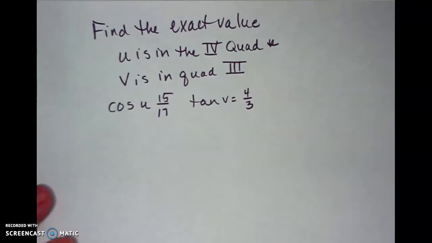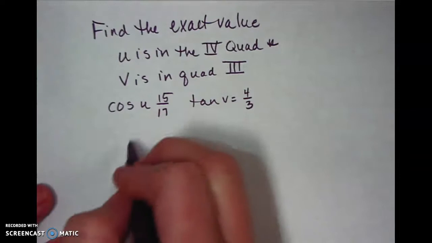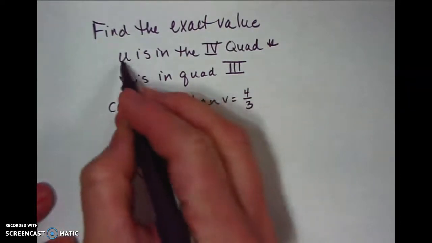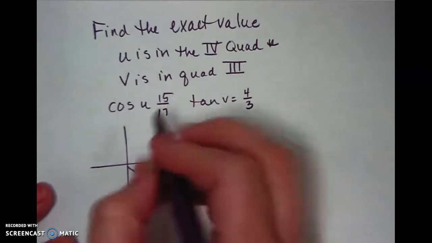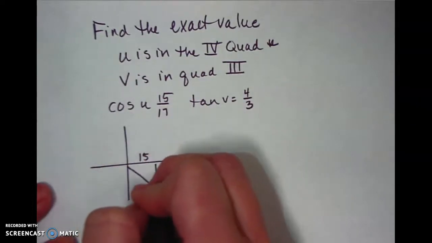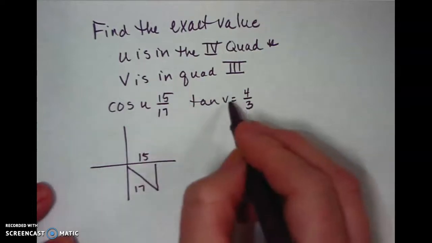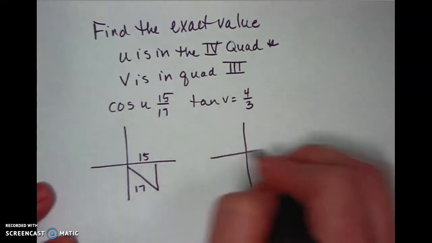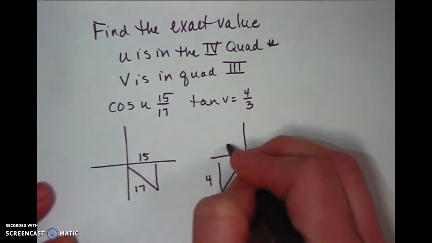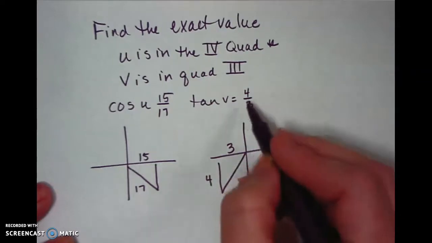Find the exact value based off of this information. We know that u is in quadrant 4, and the cosine of u is 15 over 17. We know that v is in quadrant 3, and the tangent is 4 over 3.